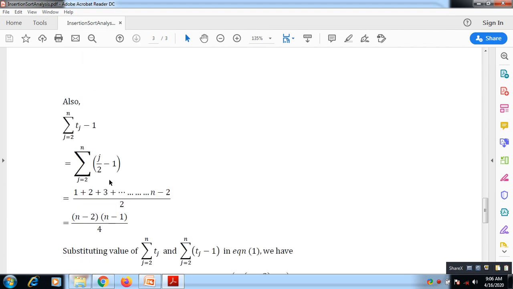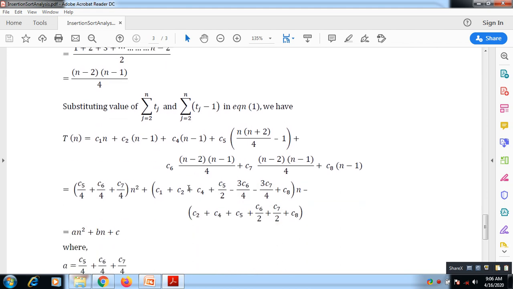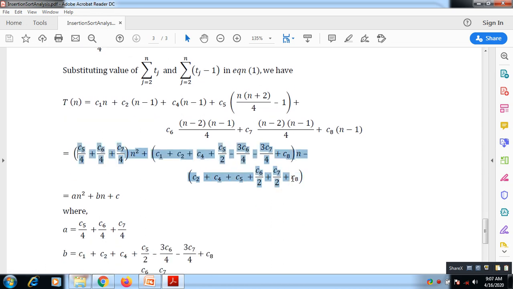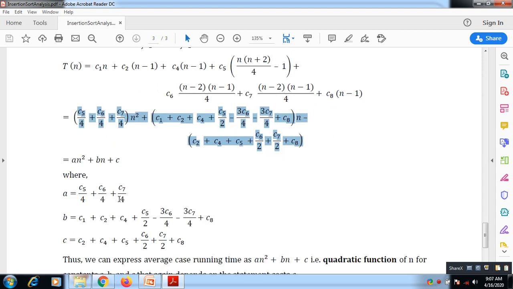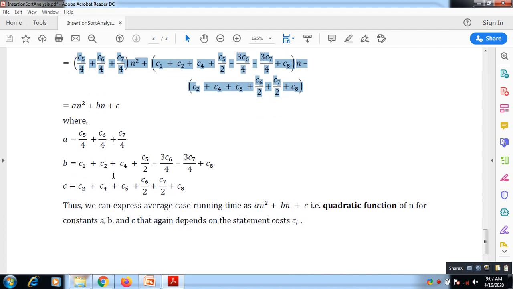After substituting the values, bringing all n square terms at one place, all n terms at one place, all constant terms at one place, we can express this as an square plus bn plus c. So again the average case time complexity of insertion sort is some quadratic function of the input size n, right?